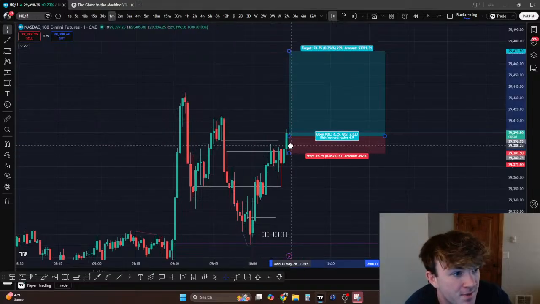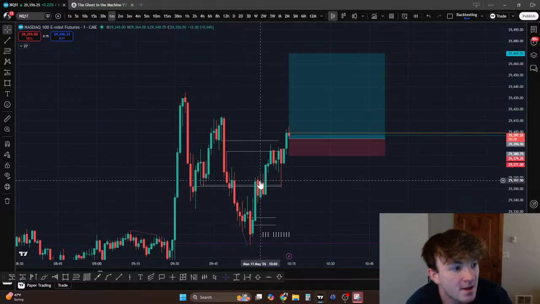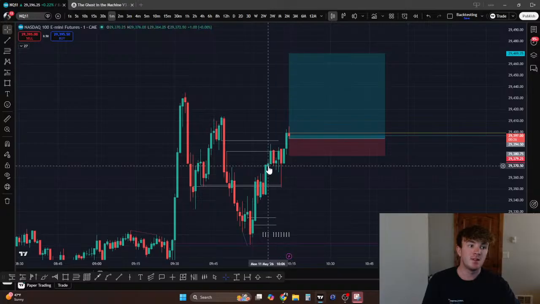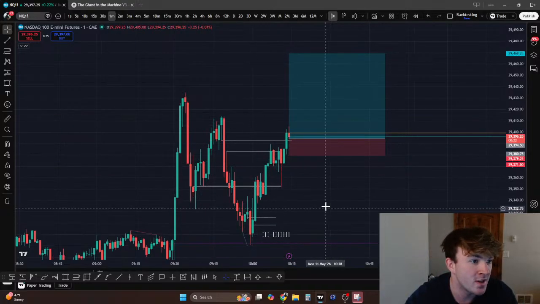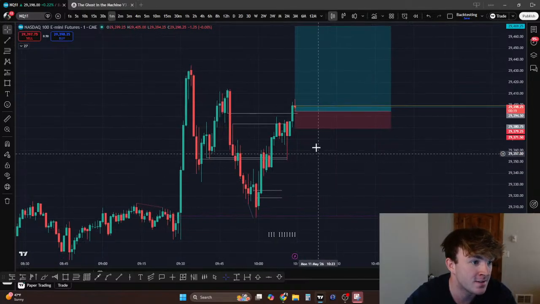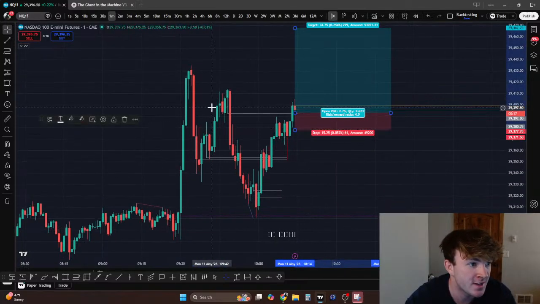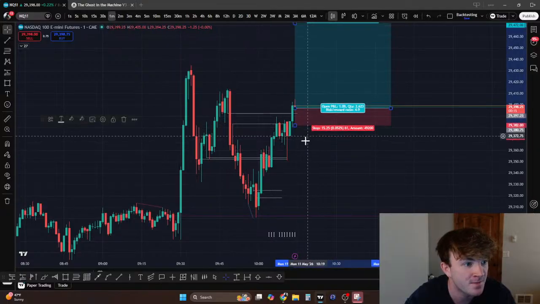So this would be a good place to Kufu stack, meaning pyramid entry and then trail up, I would say. Because this is a good inversion right here, so this should deliver us up.